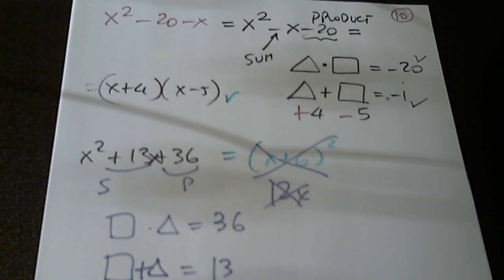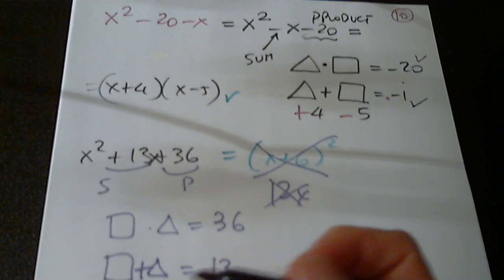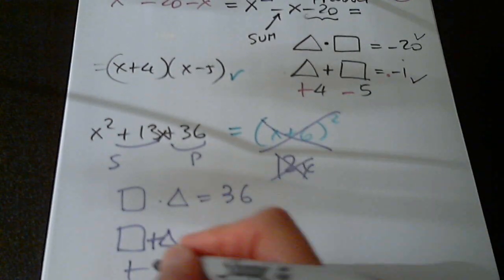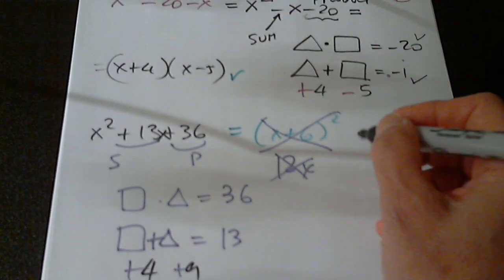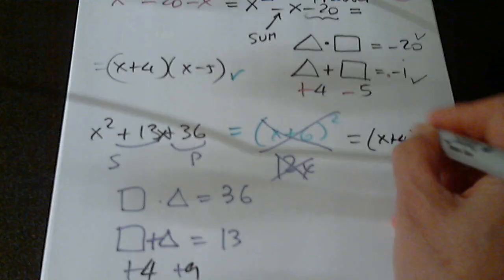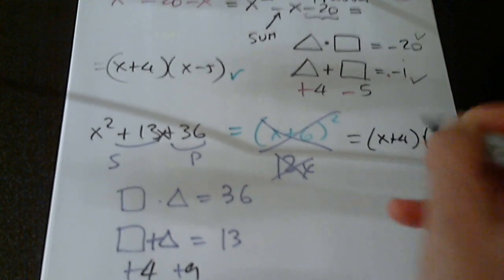So they have to be both positive. Both conditions have to be fulfilled. 4 and 9. I'm done. x plus 4, x plus 9.